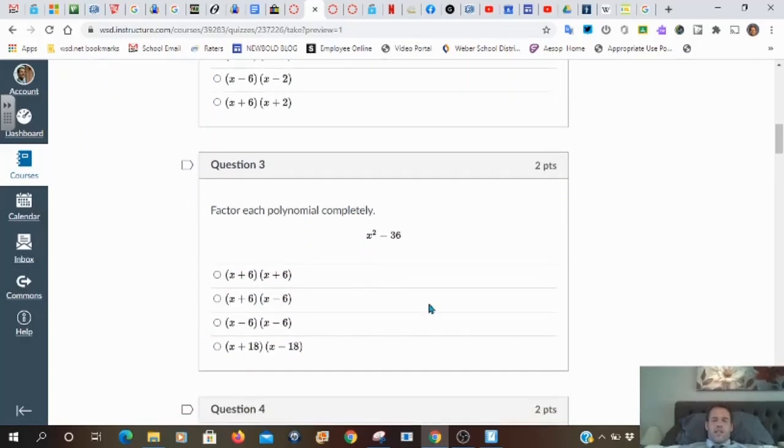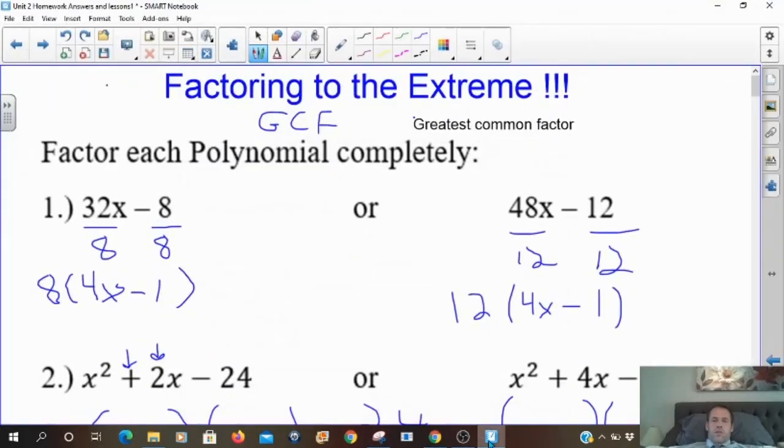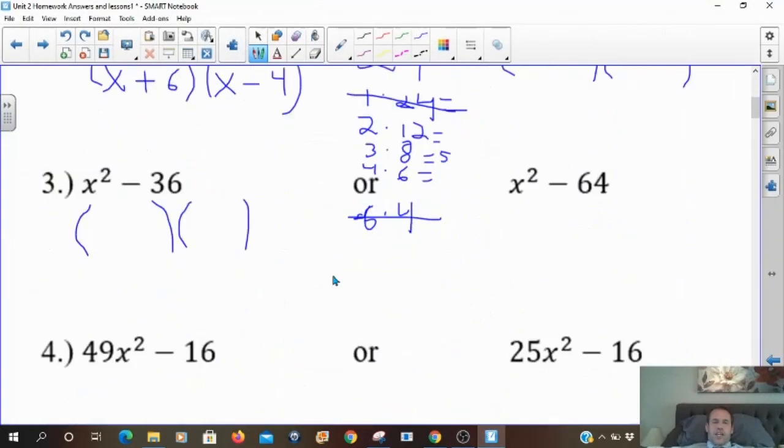So we're going to do this one next. So we have x squared minus 36. So this is a special kind of factoring where there's no middle term, right? No middle term. So that means we could technically call it a 0x. Nice. So to get 0x, well, what's factors of 36? 12 and 2. 18 and 2. 12 and 3. But 6 and 6 is special. Why?